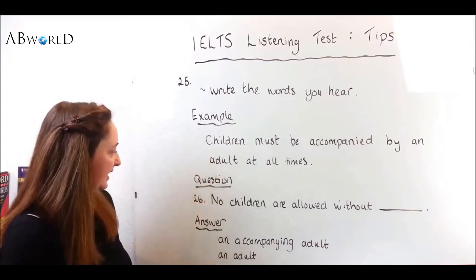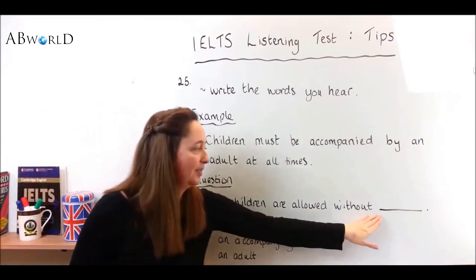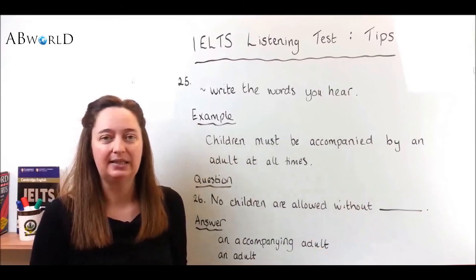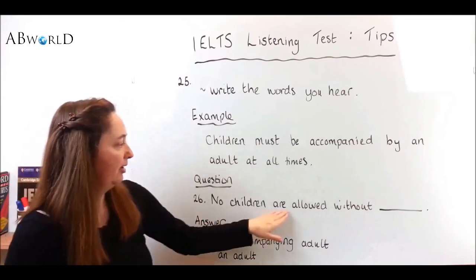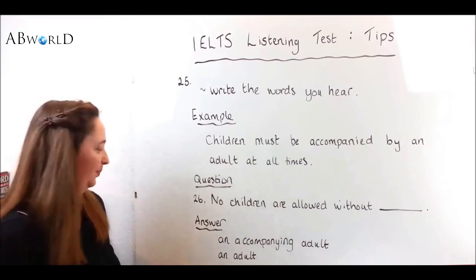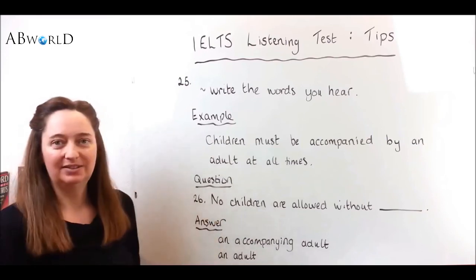So number 26. No children are allowed without, and you need to fill in the gap. You need to complete the sentence. Now, here are 2 answers. No children are allowed without an accompanying adult, or no children are allowed without an adult.